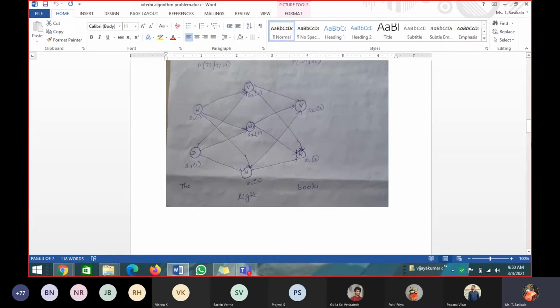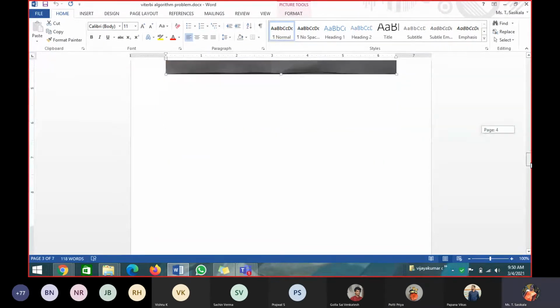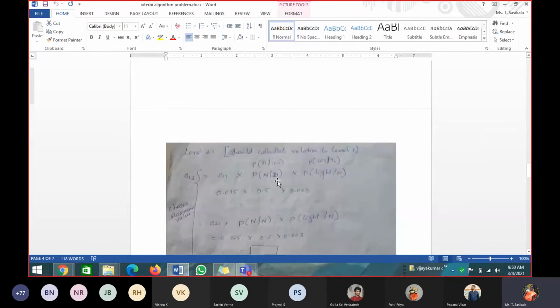Very good. See here. Noun given determiner is the tag transition probability, and word transition probability is light given noun. I have written both the things. For tag transition probability, how you got it? Noun given determiner into, what is this? Light given noun is what? For each thing we have a tag transition probability and word transition probability with the previous level, multiplied by the previous level.